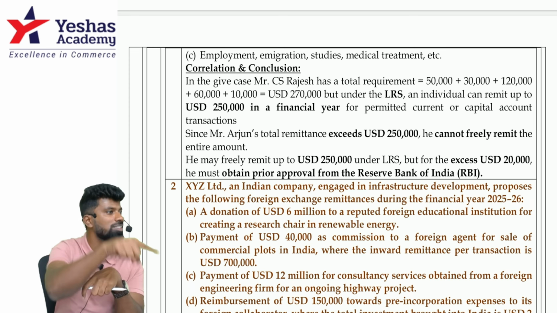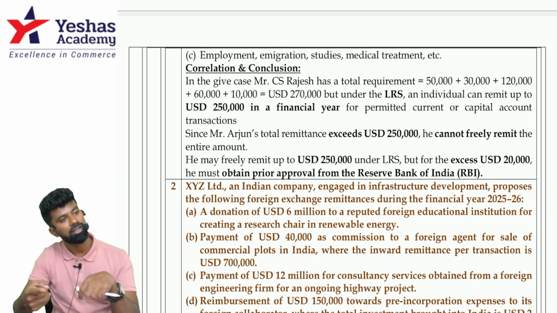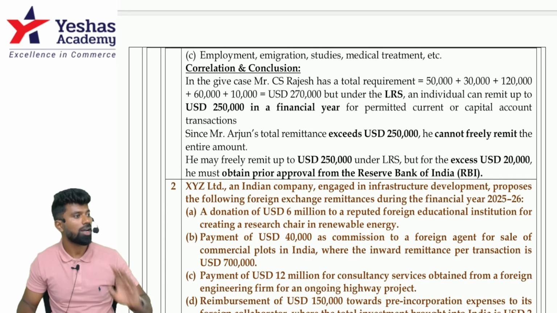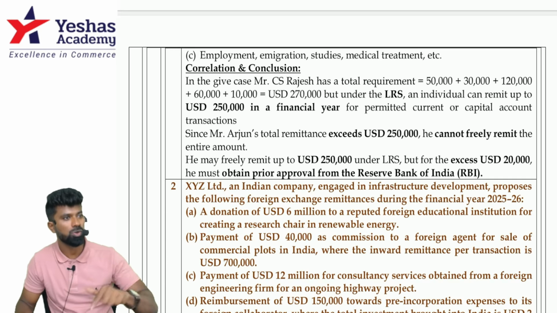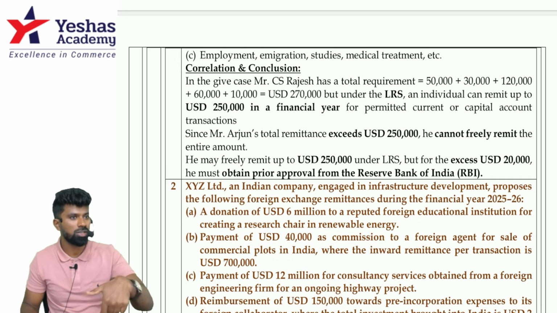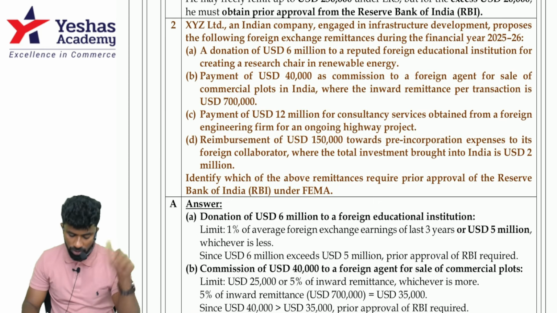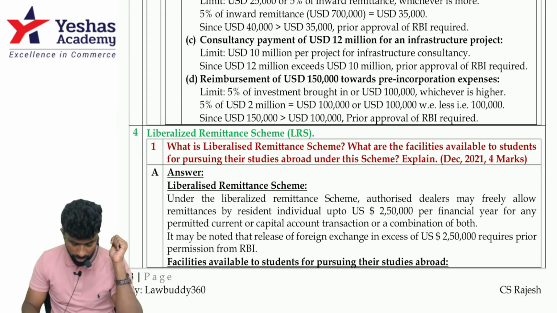And for consultancy services, 10 million. 10 million for consultancy for infrastructure, other 1 million. And the last one, pre-incorporation expenses. This question was asked in the last exam. Based on this, they asked questions in the previous examinations. Practical questions. Done. So I have included the same thing in the form of questions.